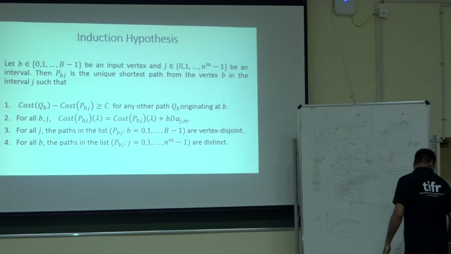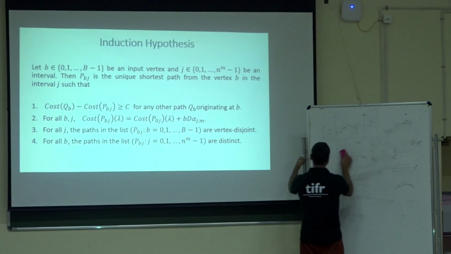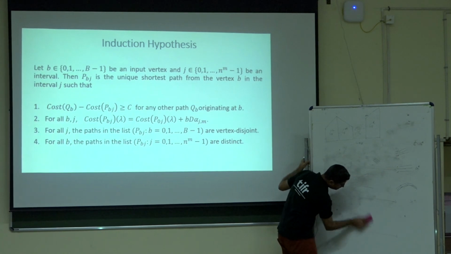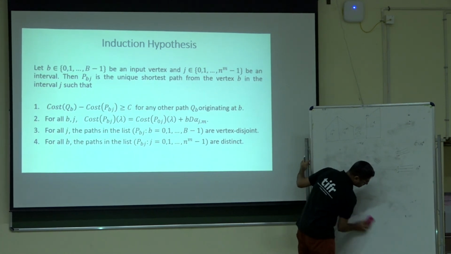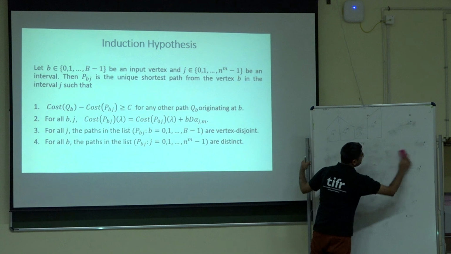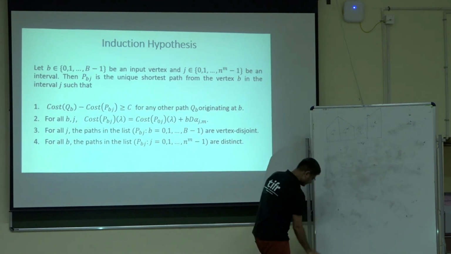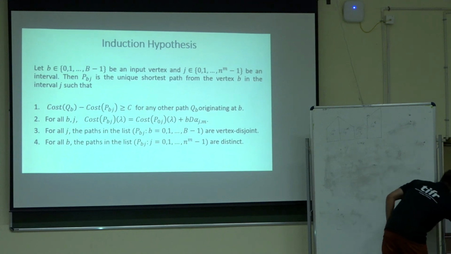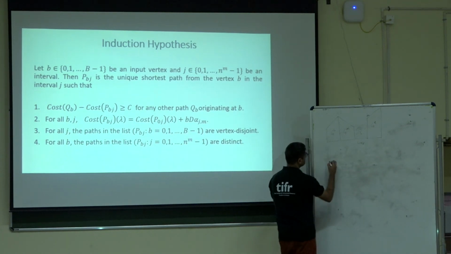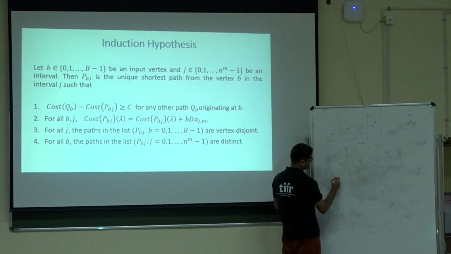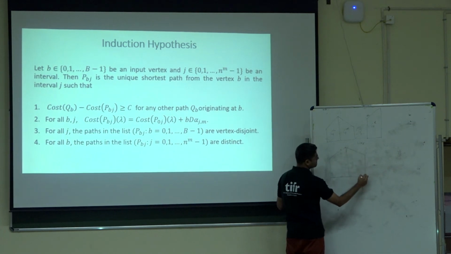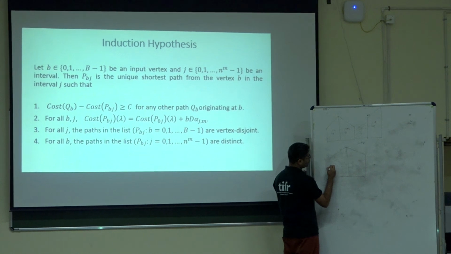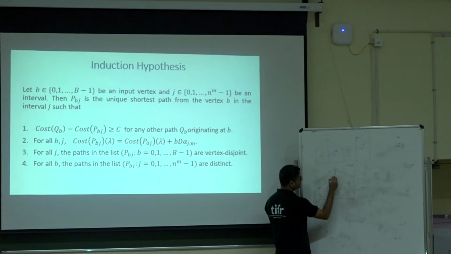One is that how do we actually design this graph? From a particular input vertex, you have some shortest path.